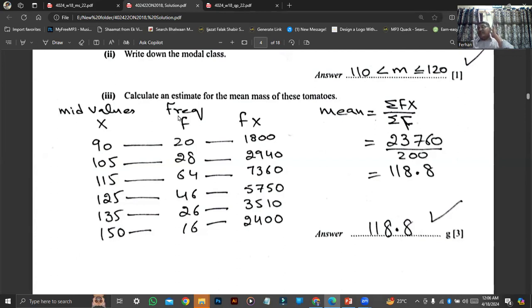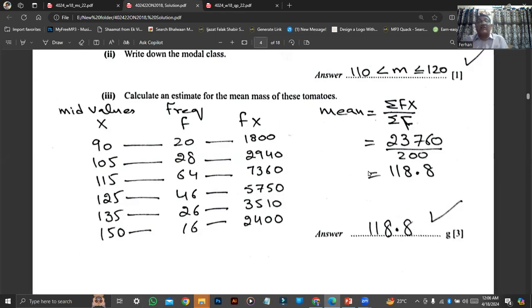So the mean is summation fx divided by summation f. This is the formula for finding the mean. You add up all the fx, and that will be 23,760. In the same way, summation f means you add up all the frequencies, 20 plus 28 plus 64 plus 46 plus 26 plus 16, and that will be 200.